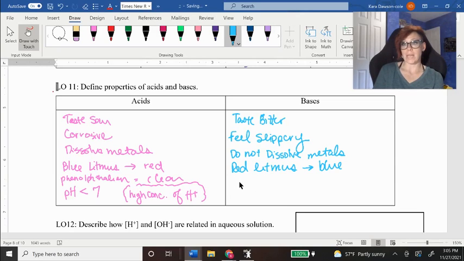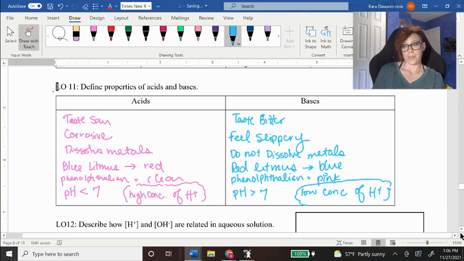Phenolphthalein is pink. pH is greater than 7. And they have a low concentration of hydrogen ion. And that is learning objective 11, define the properties of acids and bases.